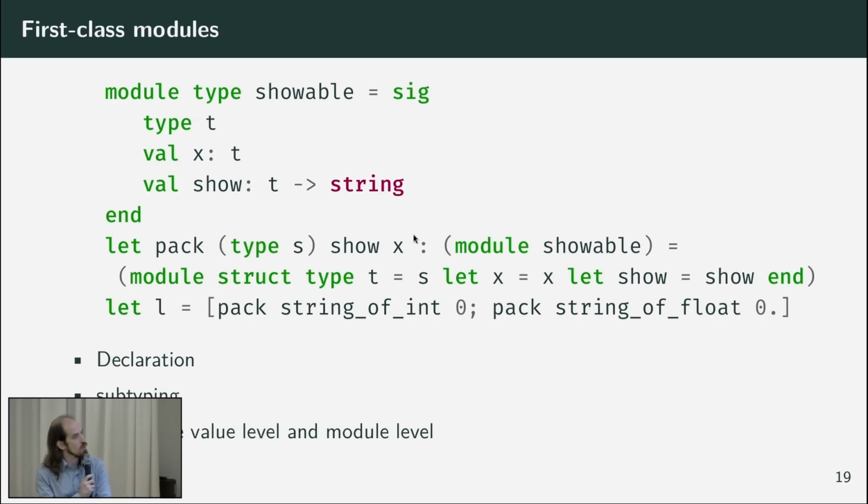To finish the product type side, we also have first-class modules, which are a way to bridge the value and module levels, and that give you subtyping. They also give you types inside the record, which means that it's another way to implement an object system that people tend to overuse.